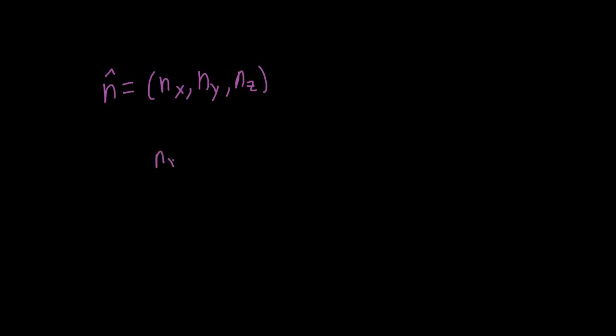The answer is that it's the state which is the eigenvector of this matrix with eigenvalue 1. So the eigenvector with eigenvalue 1 of this matrix right here is the state which you could say is pointing in this direction in real space. So my next video on the Bloch sphere is going to be about all of that.